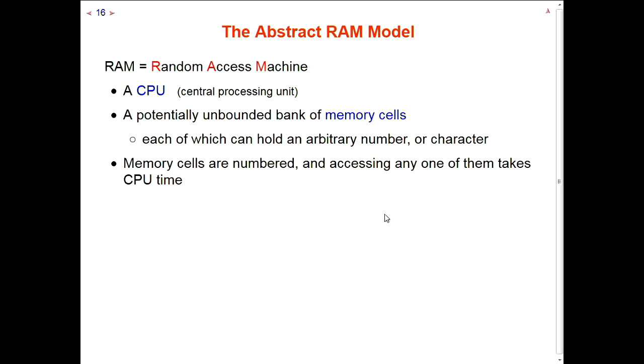It consists of a potentially unbounded bank of memory cells. We've talked about memory a lot already, each of which in the abstract model can hold an arbitrary number or a character, for instance. And we assume that memory cells are numbered and that accessing any of the memory cells takes the CPU some time.